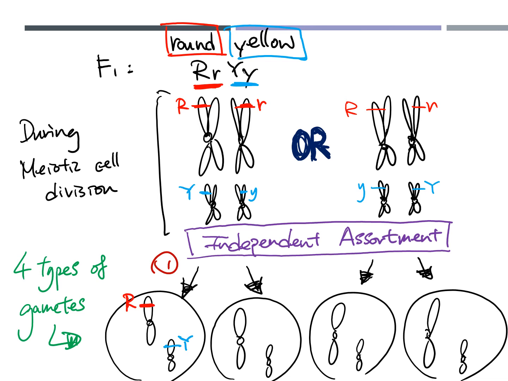And then for case number 2, in the separation, you can have another type of gamete showing small r and small y. This is case number 2. However, you can actually have another possibility during meiotic cell division.